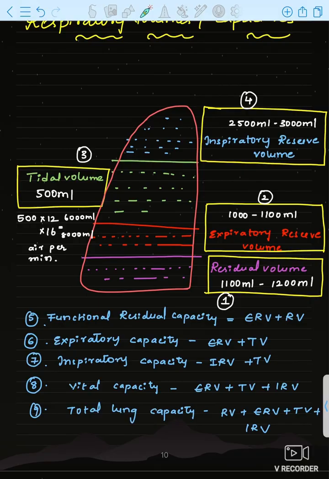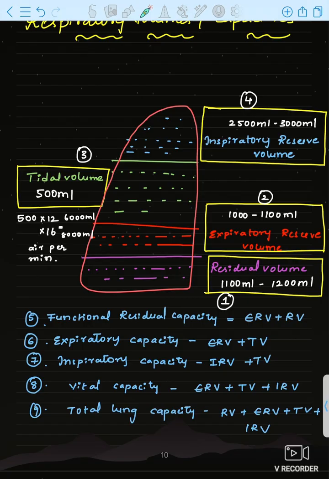Expiratory capacity means what? What is meant by expiratory capacity? Volume of air removed. Expiratory capacity means tidal volume expiration, normal expiration, and forced expiration. How can we do normal expiration?